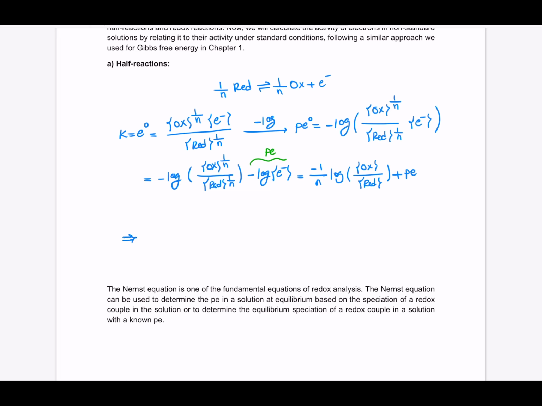Or we can rearrange it to say pE is equal to pE0 minus 1 over n log of the reduced species over the oxidized species. And this is basically called the Nernst equation.